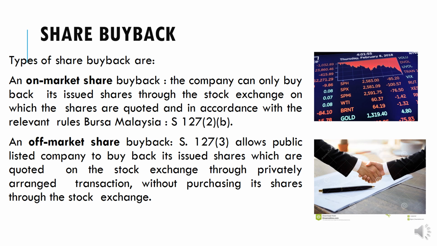Section 127, subsection 3 provides that the law allows a public listed company to buy back its issued shares which are quoted on the stock exchange through a privately arranged transaction without purchasing its shares through the stock exchange. Okay, so on-market is through the stock exchange, off-market is through a privately arranged transaction.